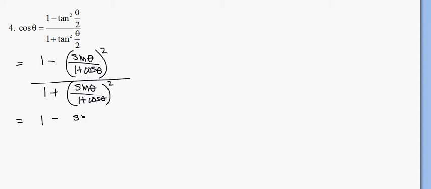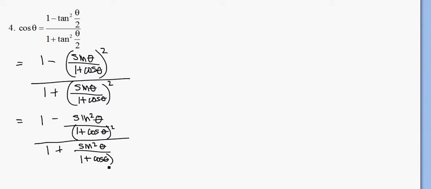So I get 1 minus sine squared theta, and I'm just going to leave the denominator as 1 plus cosine theta squared for the time being, and 1 plus sine squared theta all over 1 plus cosine theta squared. So I have a common denominator.